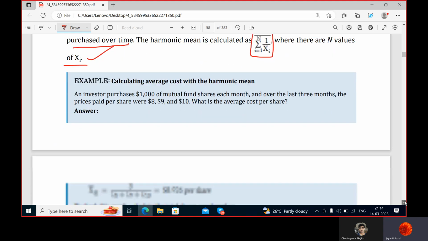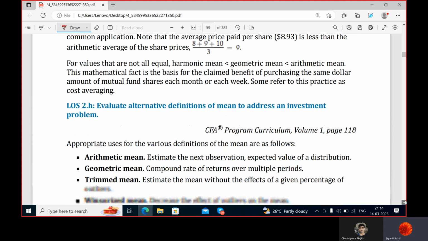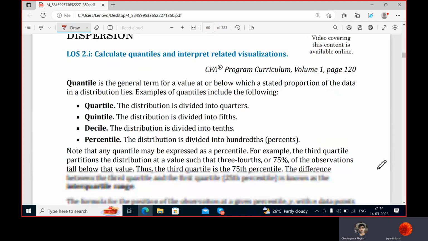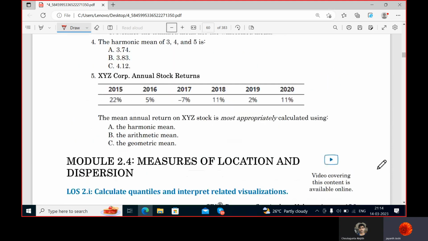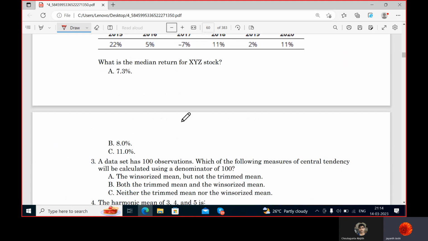Let's take the arithmetic mean and harmonic mean and compare these two. Then we'll get a good idea about why we are using that. The arithmetic mean is x1 plus x2 plus x3, divided by 3.